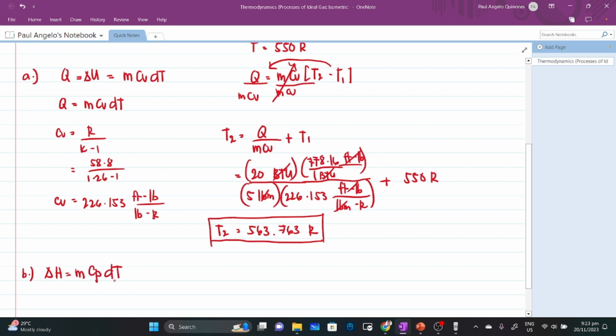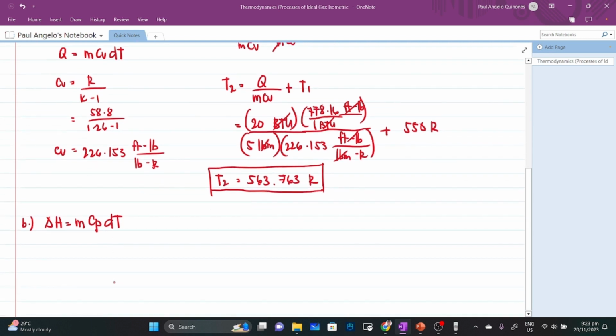CP dT. But we don't have the value of CP yet, so we need to solve that. You can use either CP is equal to CV plus R, or CP is equal to KR over K minus 1.